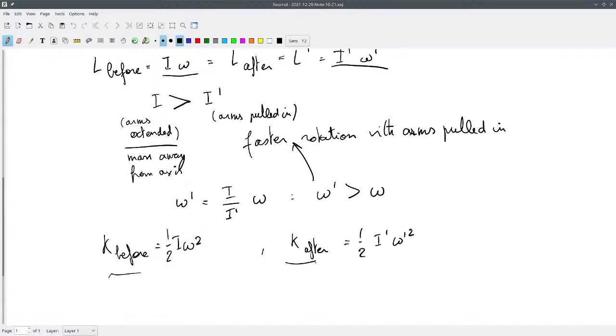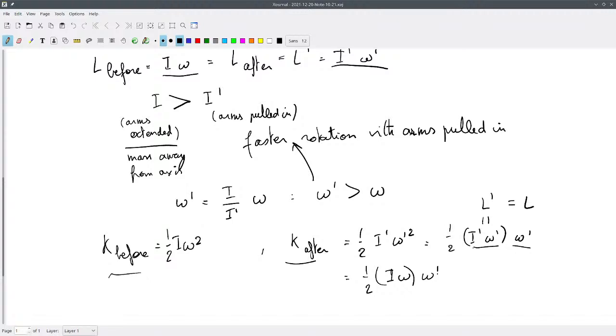Well, let's look at the kinetic energy after. We can write this as 1/2 I prime omega prime. There are different ways to do this, but I'm going to do it this way. I'll split off that one factor I prime omega prime, and then I have one remaining factor of omega prime. Now I can write this as 1/2 I omega, because this is just our expression for L prime, or our expression for L for that matter.